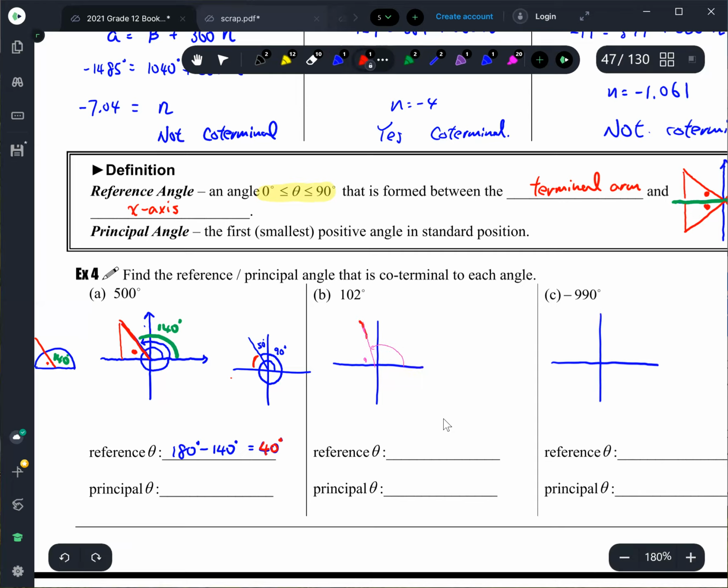I'll just trace over yours, okay? So the reference angle is the red dot. Okay, so kind of similar to question A, right? Instead of 140 degrees, we have 102 degrees.